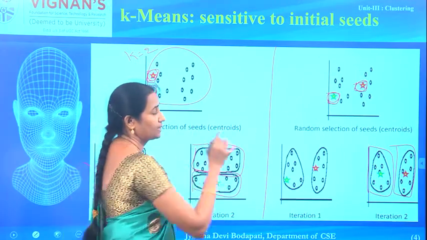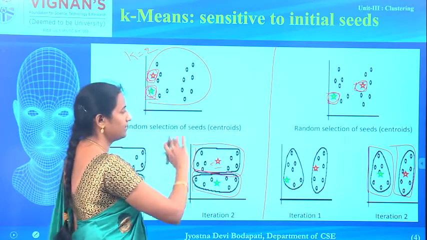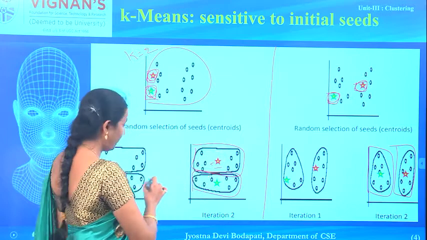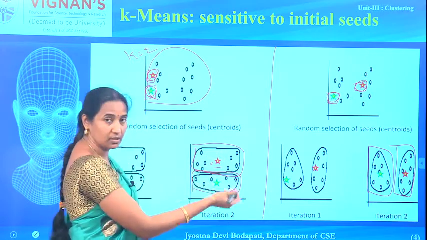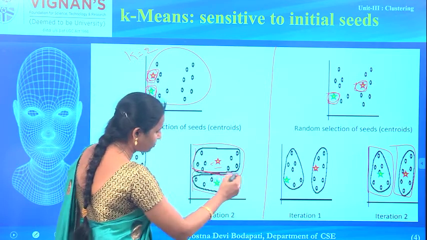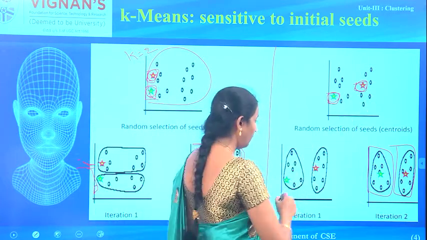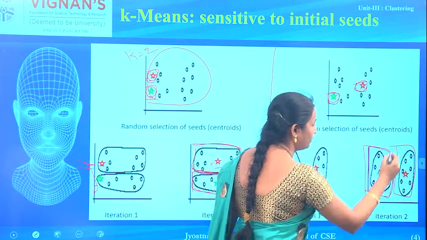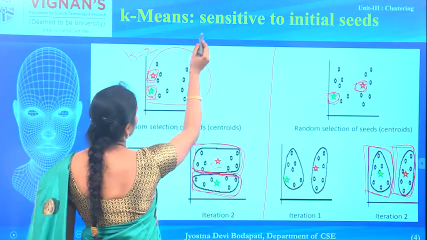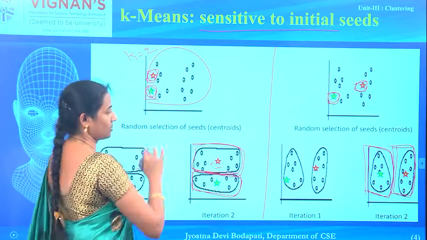Other than that, the same K-means clustering we are applying, and the input samples are also the same. But we ended up with different sets of clusters. When we select these 2 as the initial centers, we have these 2 as the clusters, and when we select the other 2 as the initial cluster centers, these are the clusters produced by the K-means algorithm. That's how K-means clustering is very sensitive to the initial randomly selected samples as cluster centers.